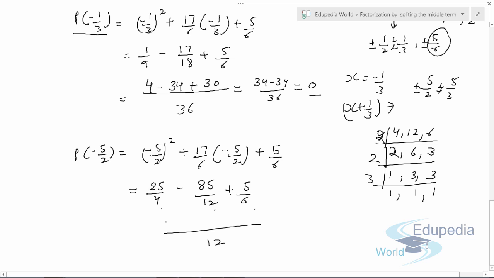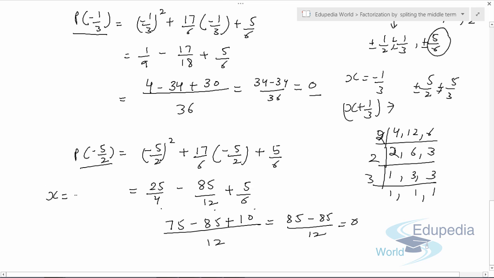So it comes out to be 75 minus 85 plus 10, which is 85 minus 85 upon 12. The answer is 0. So this is again a factor of this polynomial.